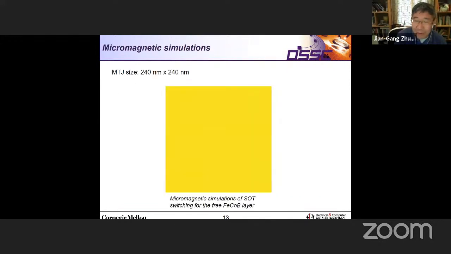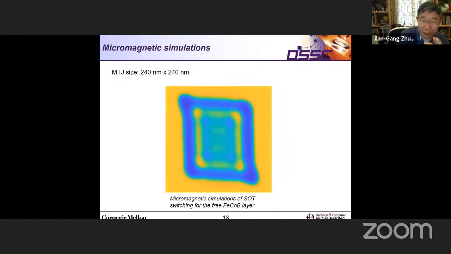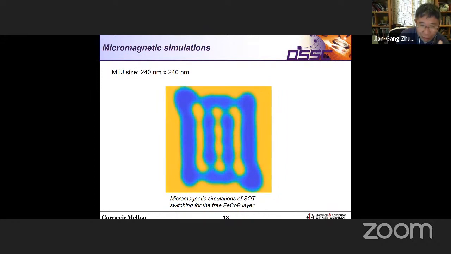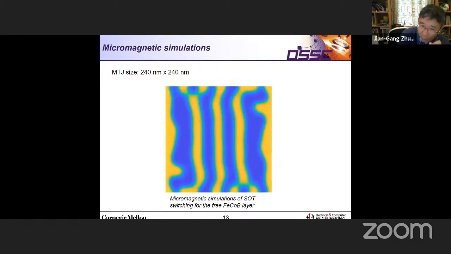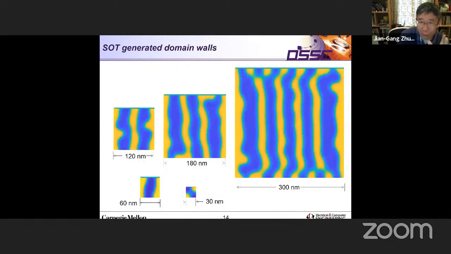Then we did some micromagnetic modeling to see how this MTJ switches. So this is a micromagnetic model of this MTJ switching, and the yellow is up, and the blue is down. You can see the device actually switches with these stripe domains, and then the stripe domains expand and result in the entire device switching.